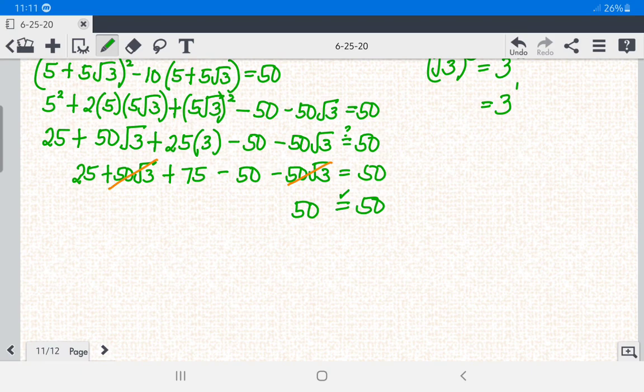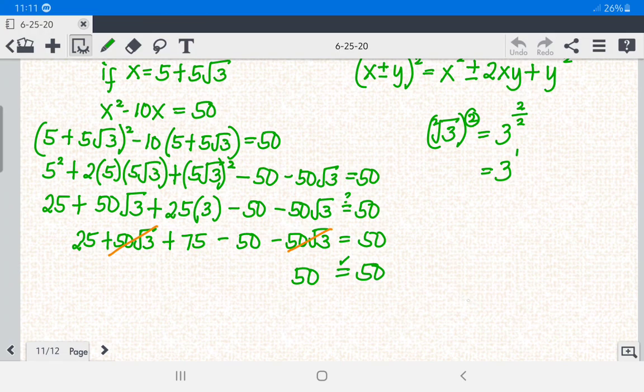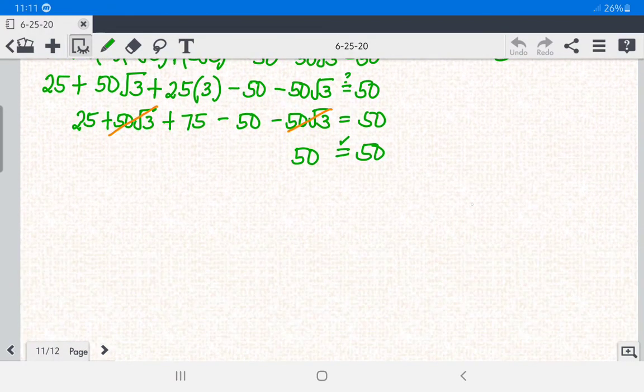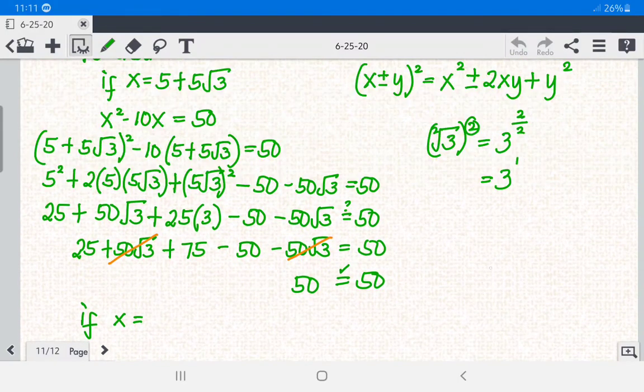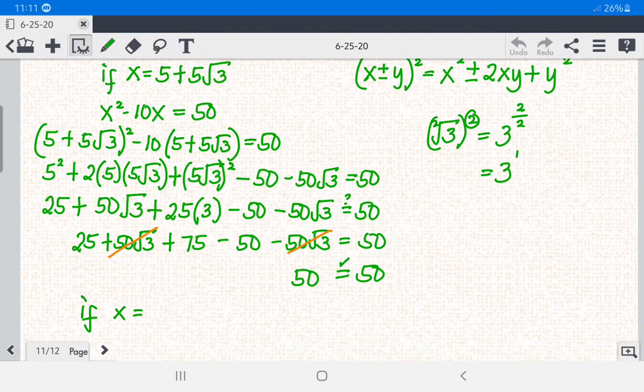Next, how about if x is equal to 5 minus 5 square root of 3.